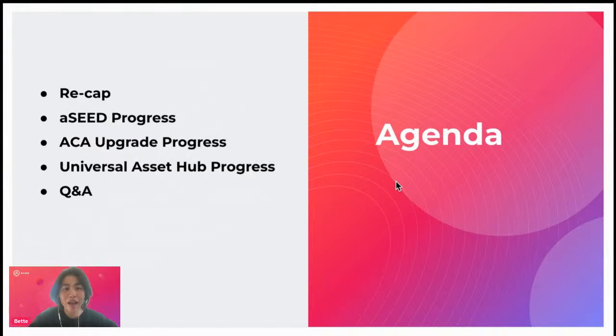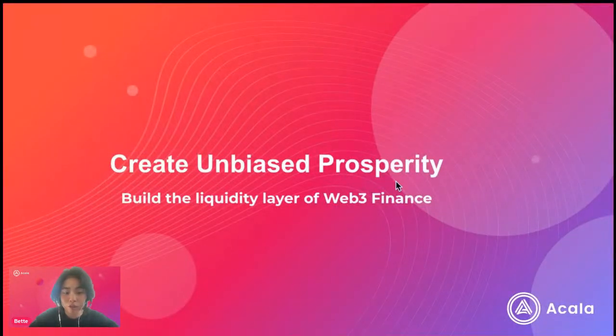There's a vote going on just right before the live stream, aiming to do the AC upgrade stage 1, targeting, I think, August 15th. The third work stream is the Universal Asset Hub, and we'll talk in a little more detail about that as well. If we have some time at the end, we'll do some Q&A. Otherwise, let's dive right into it.